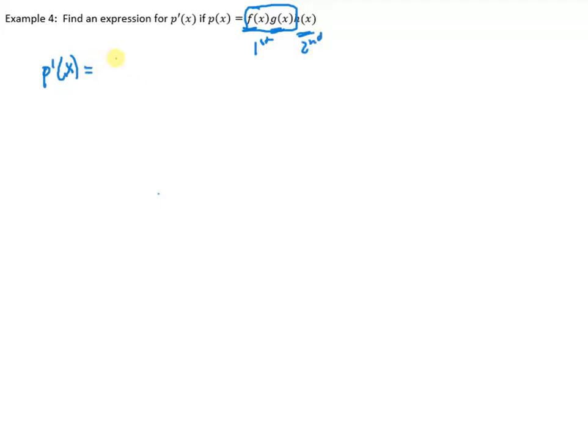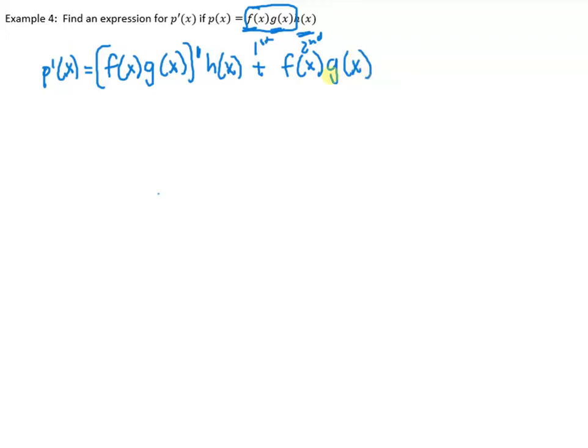Okay, so to find the derivative, I'll just put f at x, g at x prime, derivative of the first thing times the second thing, plus the first thing as it is, times the derivative of the second thing, so h prime at x.